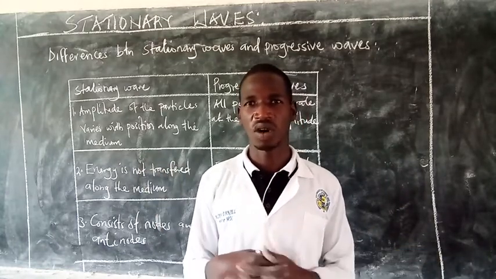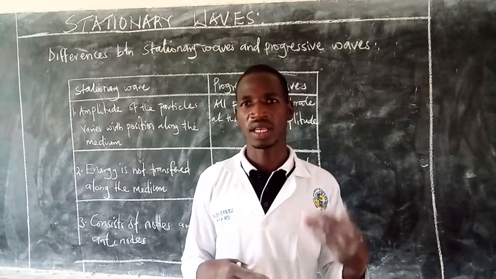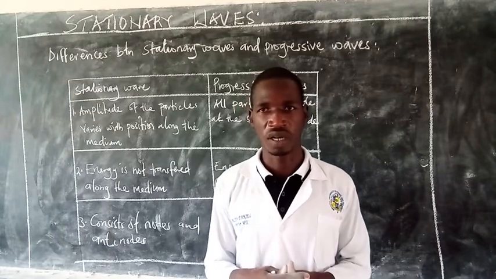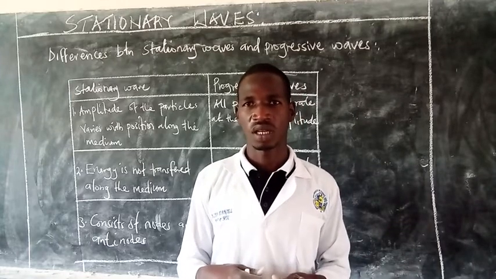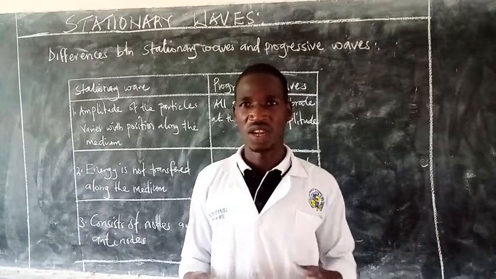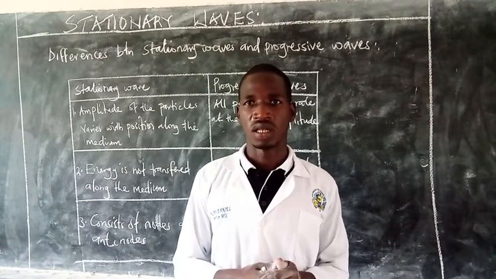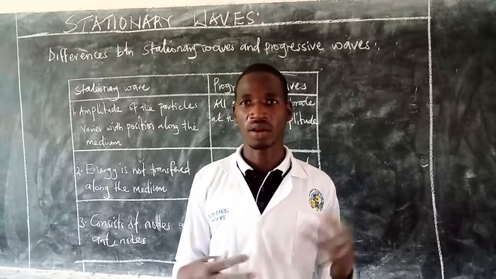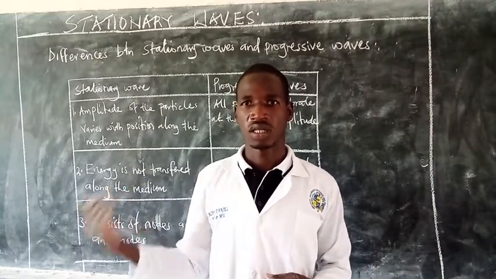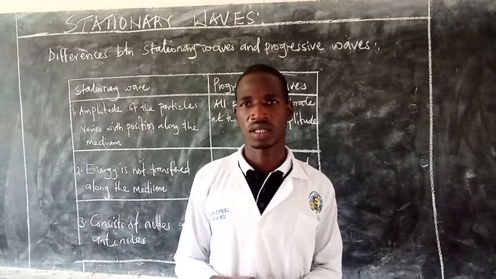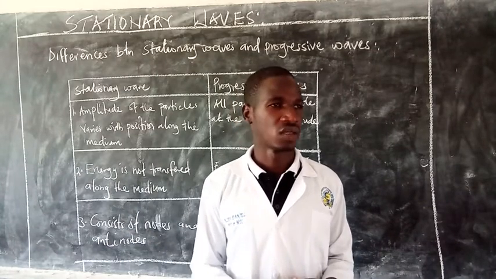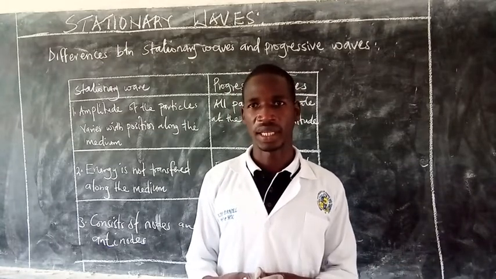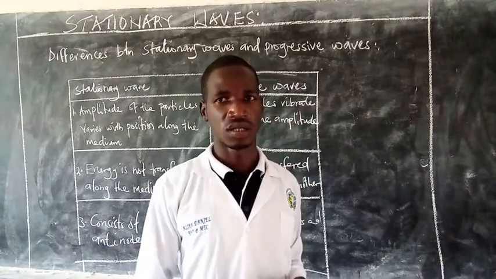But when it comes to a progressive wave, energy is transferred from one point to another along the waveform. Now, another difference is their characteristics. Stationary waves are characterized by nodes and antinodes. On the other hand, progressive waves are characterized by crests and troughs.